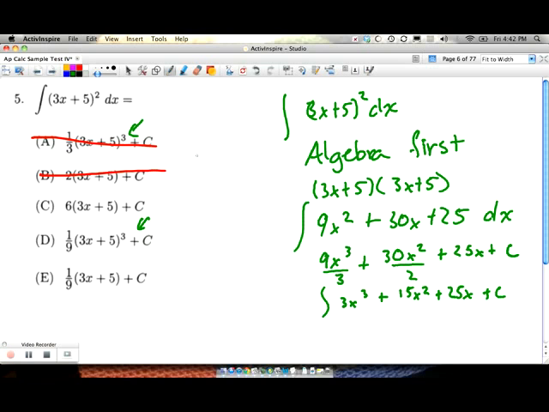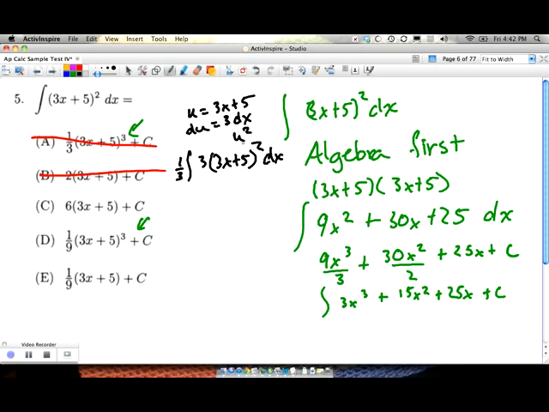So I could actually do a U substitution, I think. If I did a U substitution, that would mean that u equals 3x plus 5, du equals 3dx, and I have 3x plus 5 squared, and I need a 3, so I gotta multiply by another 3 on the outside, and we got the dx.